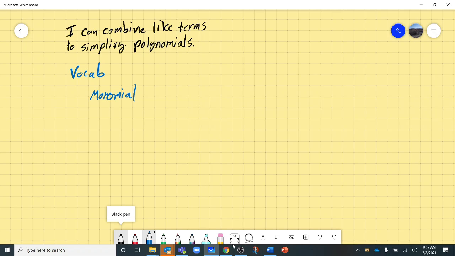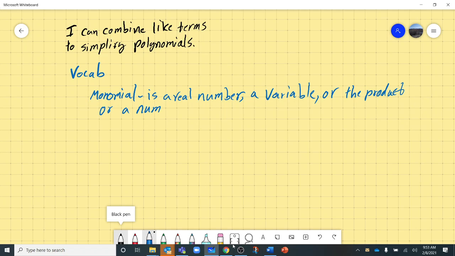And so a monomial is a real number, a variable, or the product of a real number and one or more variables, with whole number exponents. That's kind of important.